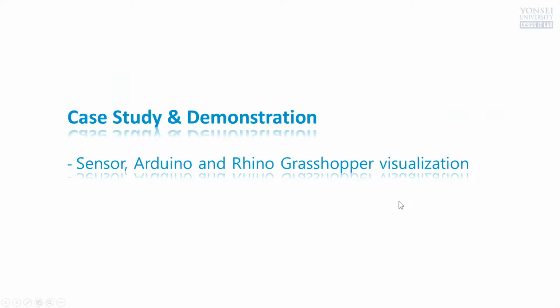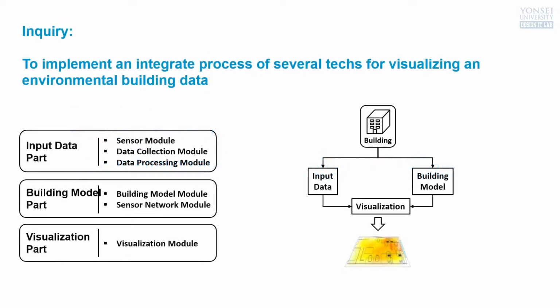Let me introduce one example, a case study and demonstration using Arduino. It's a Processing-like script language based upon Java. But this time, this example used Rhino and Grasshopper visual language as well, as I introduced before. So let's take a look at this case study quickly.